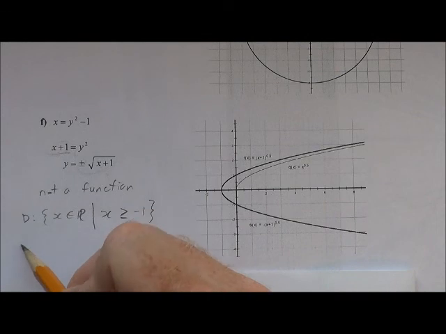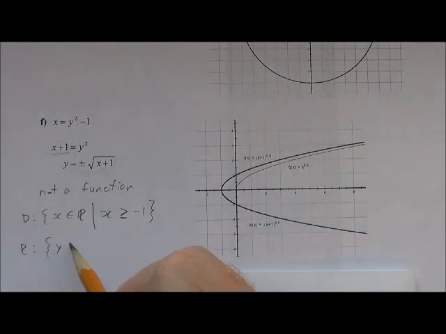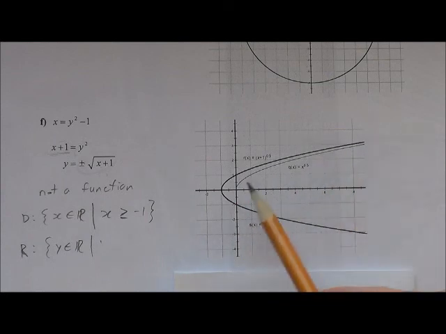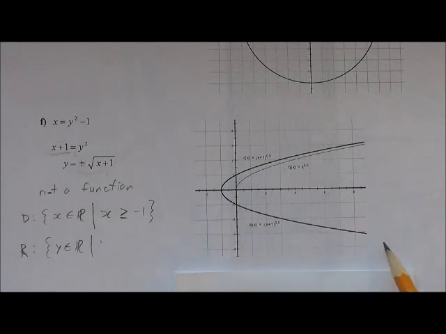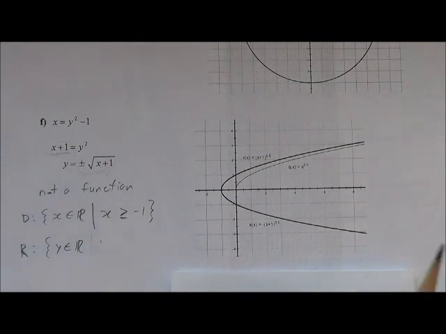And the range, y is an element of all real numbers such that, well, there is actually no such that, because we see that it goes on forever from the origin in the positive direction, and it also goes on forever in the negative direction. So there is actually no such that in this case. It's just y is an element of all real numbers.